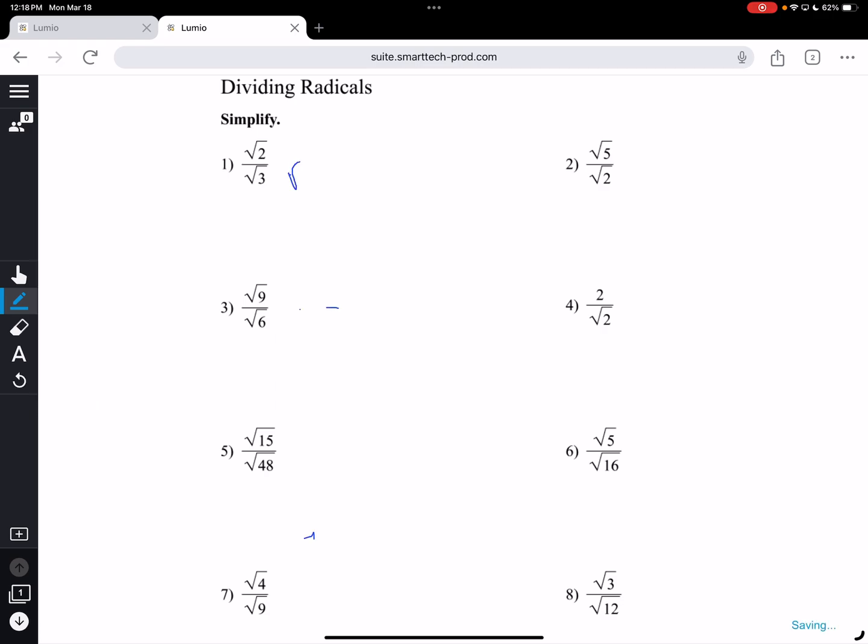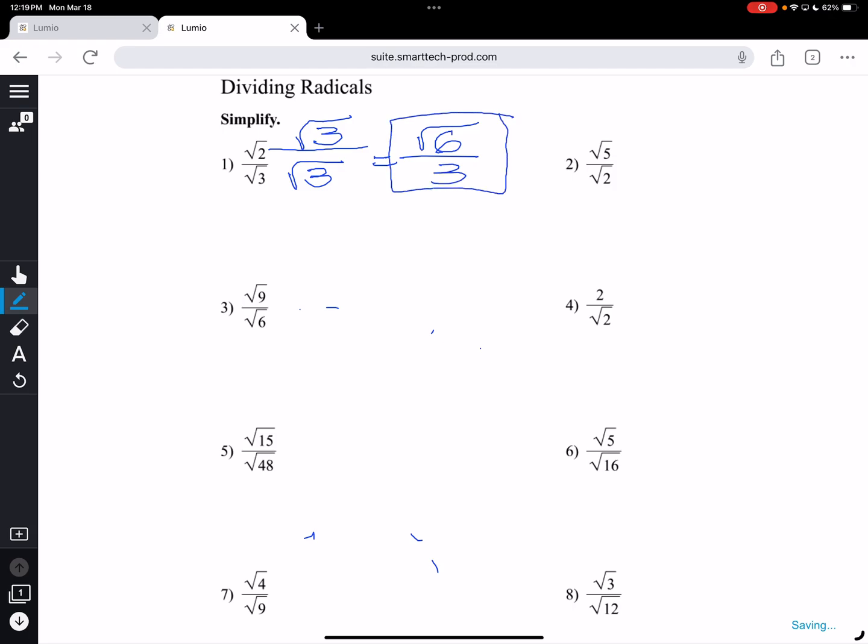That means we're going to multiply the radical 2 by radical 3. Everything's inside a radical at this point, so we multiply the radicals together. Radical 2 times radical 3 gives us radical 6, and radical 3 times radical 3 is radical 9, which is 3. There we go. Final answer.